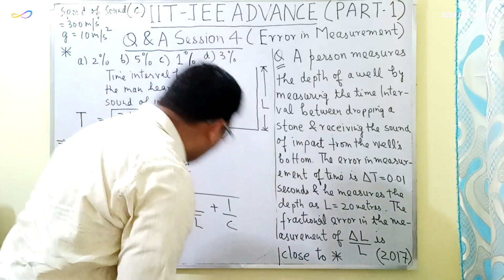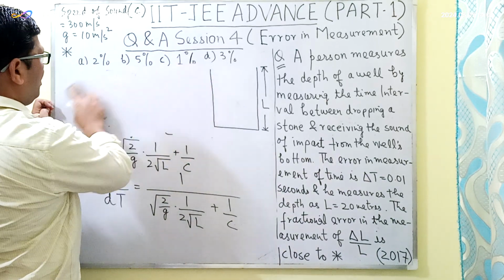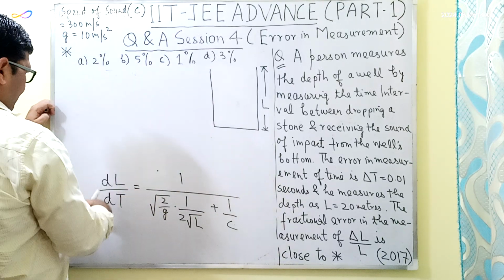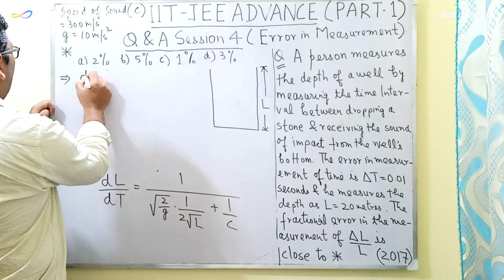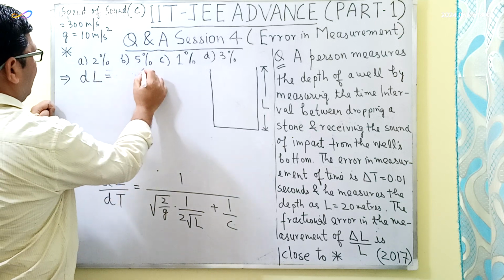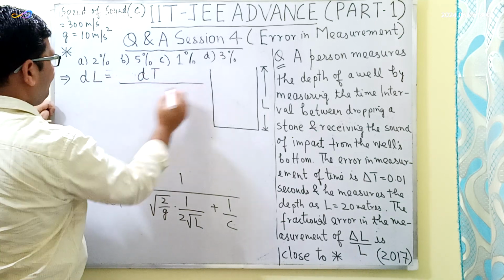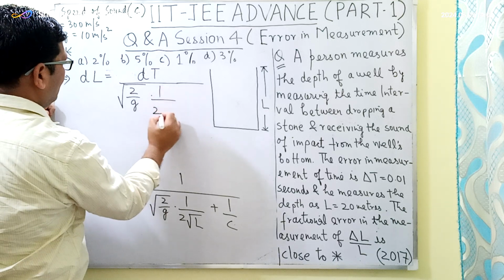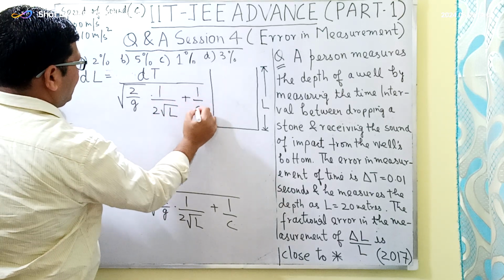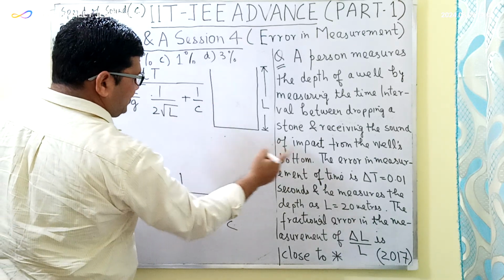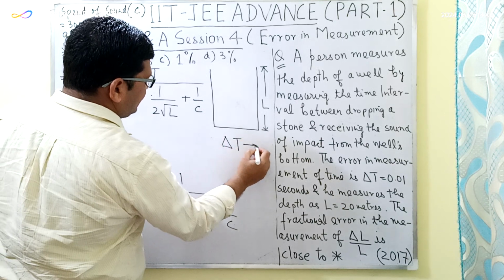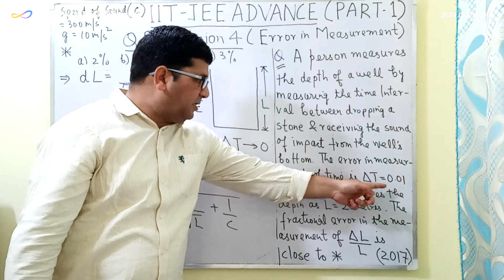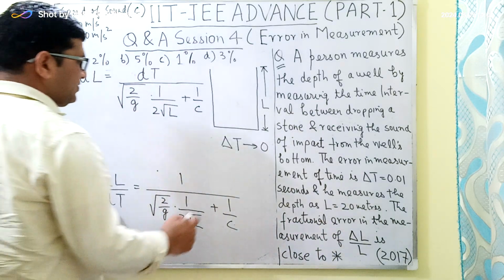So it implies that dl is equal to dt divided by under root 2 upon G into 1 upon 2 root L plus 1 upon C. Now, since delta t is tending towards 0, it's not equal to 0 but tending towards 0, because delta t here is equal to 0.01 second.